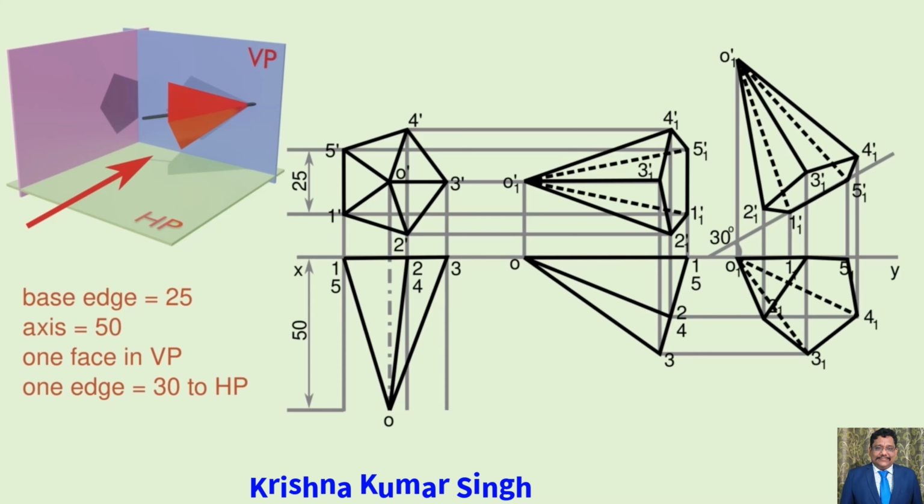This is the required final top view. We cannot see the back portion of the pentagonal pyramid, so draw 4151 with a dotted line. This is the final projection. Now we can see that one face, that is O15, is resting on XY as per the problem. The final projection of the solid is the top view of step 3.